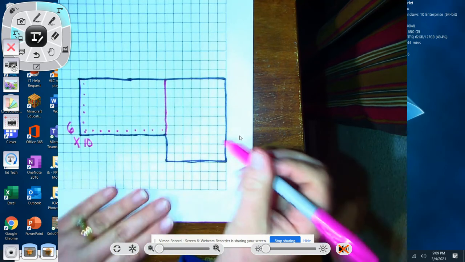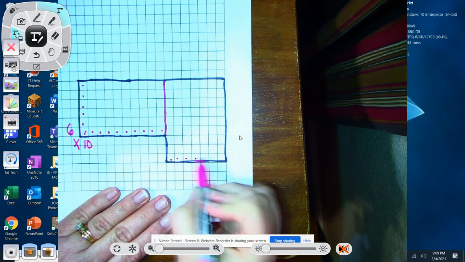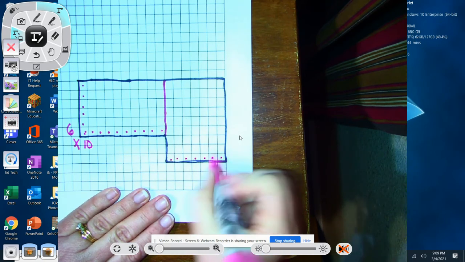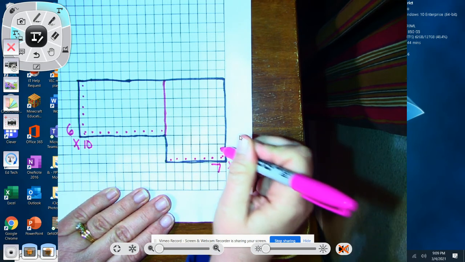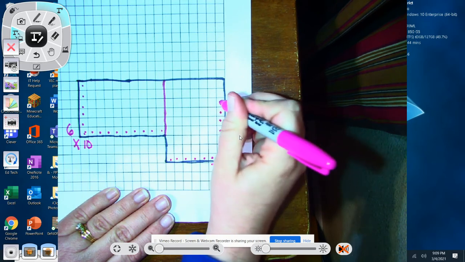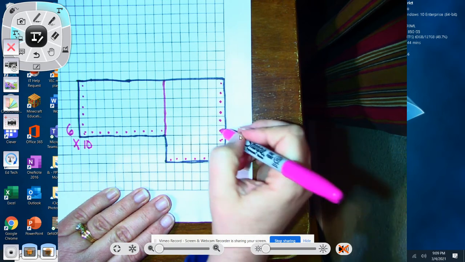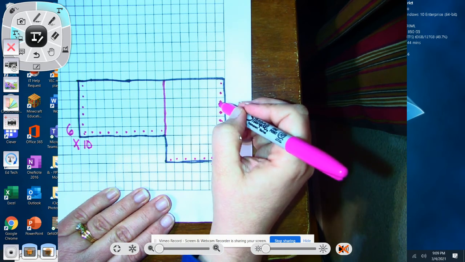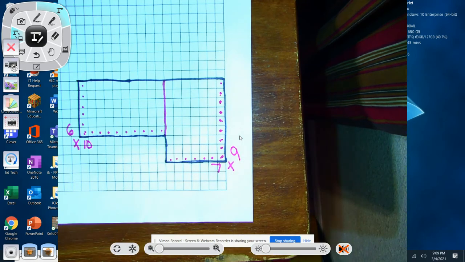And let's see, let's try this over here. 1, 2, 3, 4, 5, 6, 7. This is 7 times what? 1, 2, 3, 4, 5, 6, 7, 8, 9. Yes, times 9. I just had to make sure that I was right.